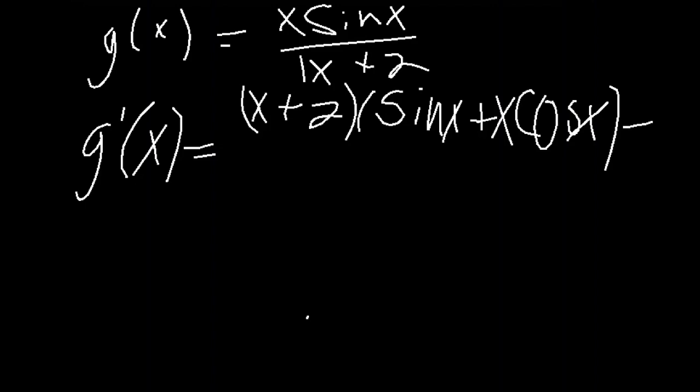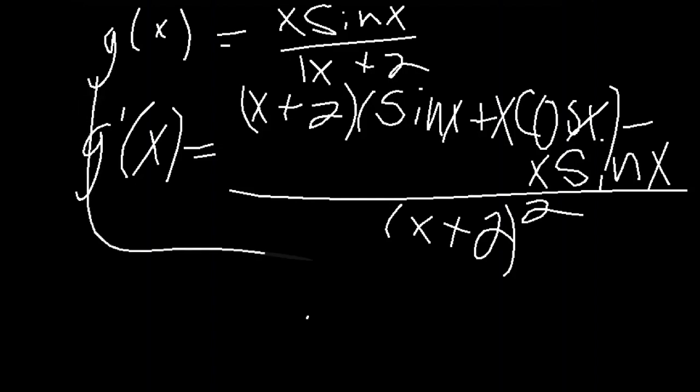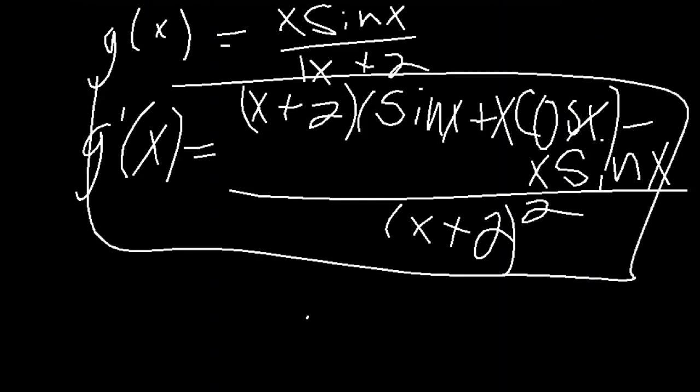So we don't have to write it at all. We can just subtract this, which is just going to be x sine of x. We're just continuing right here on this part, but because I have the room, I'm going to write a bit below. All over the denominator squared. And that is our derivative of g of x.